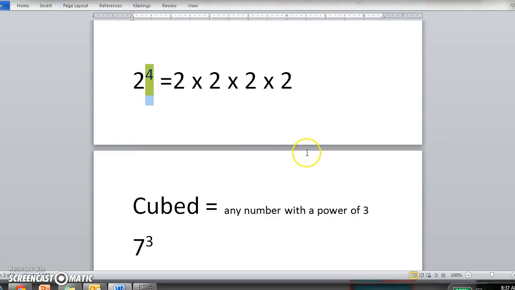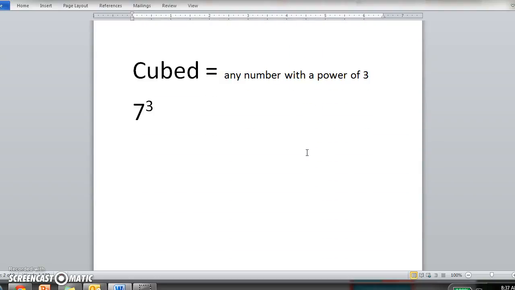So they have special names for the exponents. When we look, cubed is any number with an exponent of 3. So if it is 7 to the power of 3, that is called cube. Any number with an exponent of 3 is called cubed.